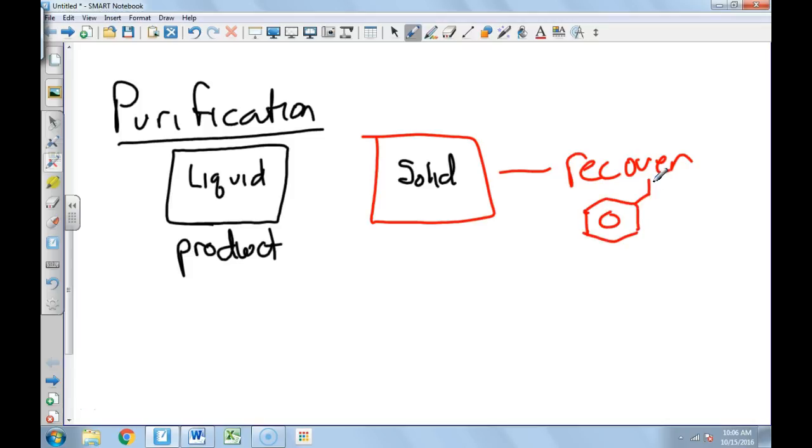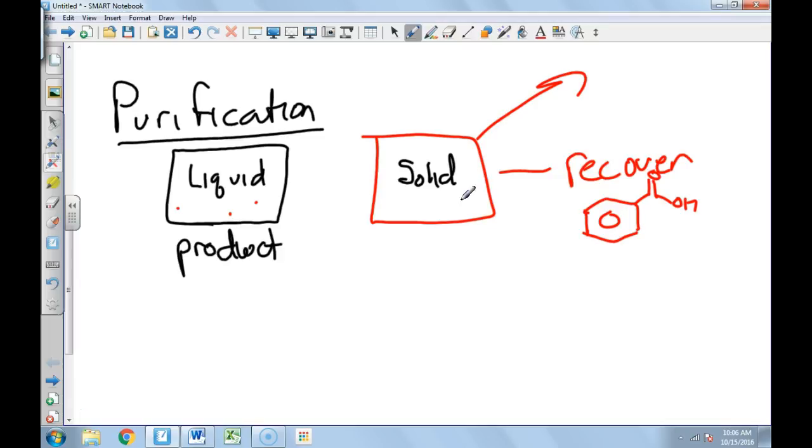Okay. Which is slightly different, because typically, previous to this lab, we would just take this junk and throw it away and not care. All we would worry about is the liquid in the lab. We would only worry about the product.